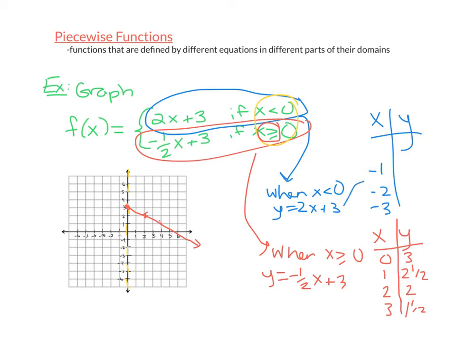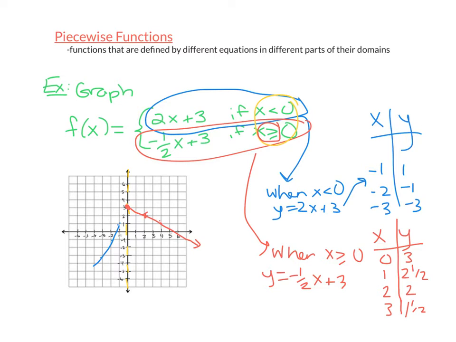I'm going to plug in negative 1, negative 2, and negative 3 into that equation. That's going to give me 1, negative 1, and negative 3. So that's fine so far. I'll draw those points. So I get a point right there, I get a point right there, and I get a point right here. So that's what I have right there.